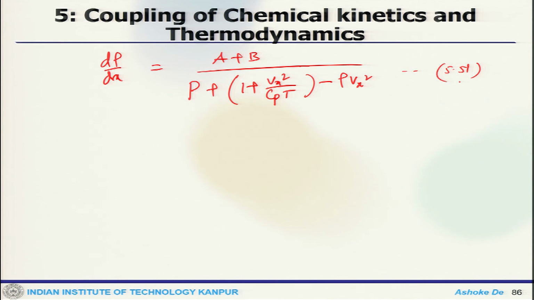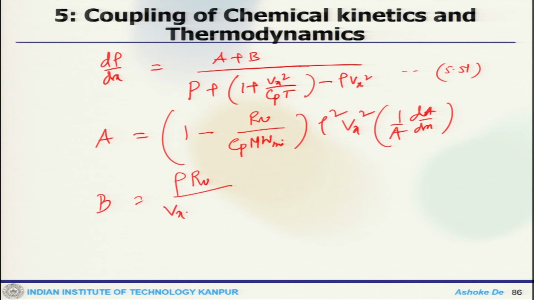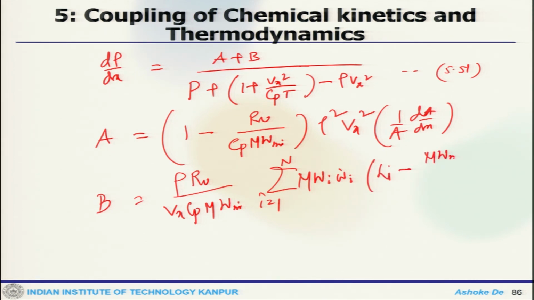This is what you get, where A equals 1 minus Ru by Cp molecular weight of the mixture, times rho square Vx square, times 1 by A dA by dx, and B equals rho Ru Vx by Cp MW mix, times the summation from 1 to n of MWi omega dot i hi minus MW mix by MWi Cp T. So, this is what you get, and we will stop here and finish the rest of the derivation in the follow up lecture. Thank you.